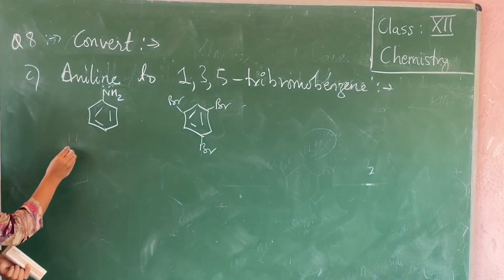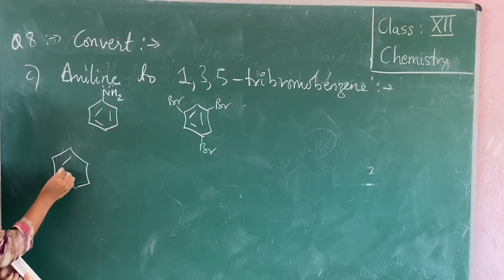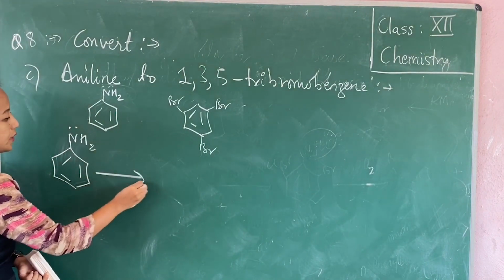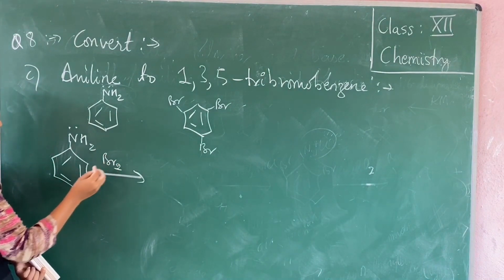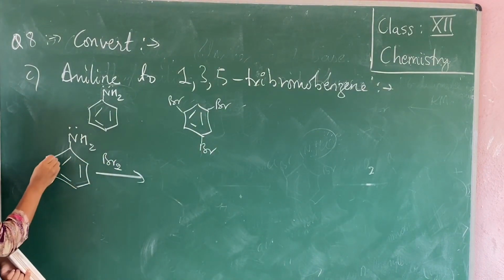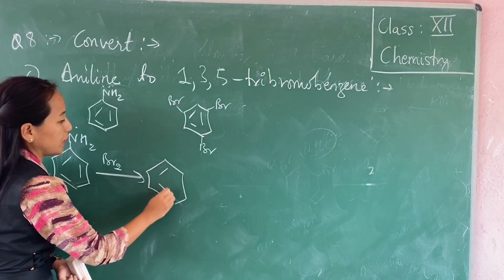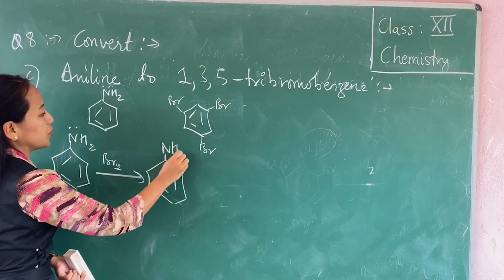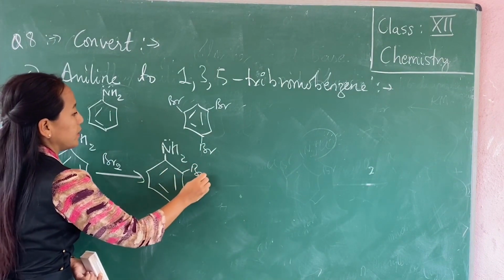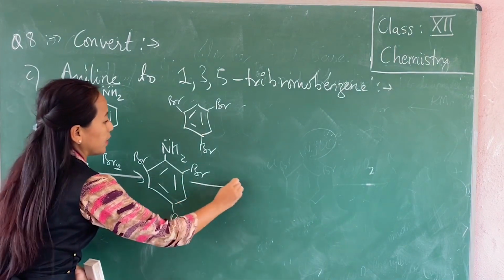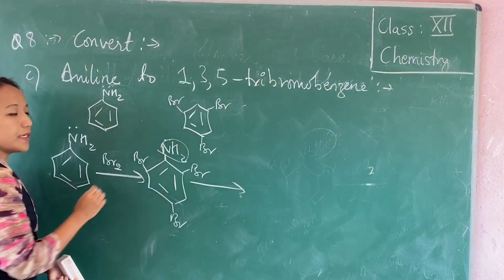So first I'm going to introduce bromine by treating it with the brominating agent. Now when I treat aniline with bromine water, the bromine gets introduced at all the ortho and the para positions, and you will get a tri-substituted compound: NH2, Br, Br, and Br. Now you have to think about removing this NH2.